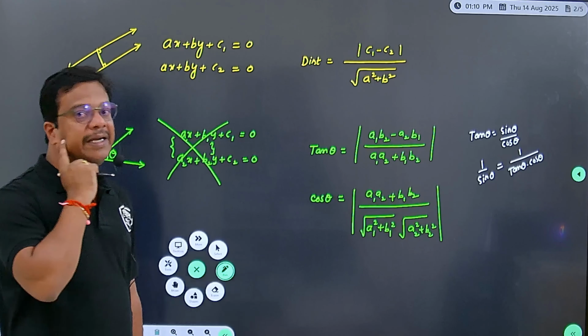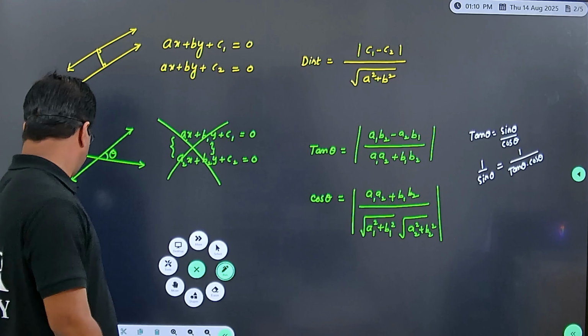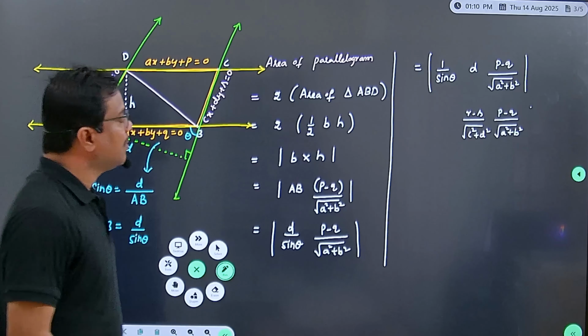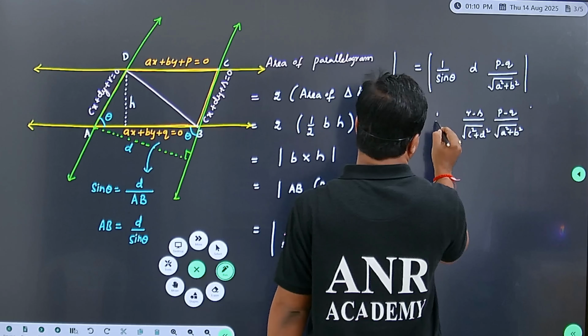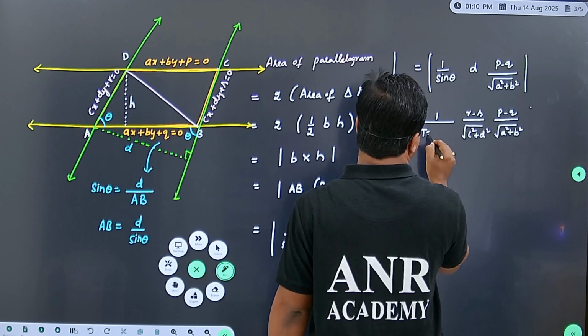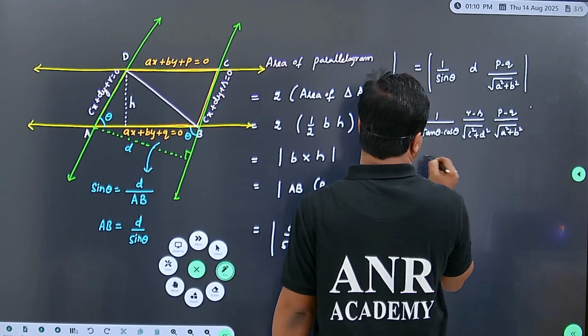So 1 by sine theta is 1 by tan theta into cos theta. Yes, here in the denominator part, sine theta I am going to write as the product of the tangent angle and the cosine angle.